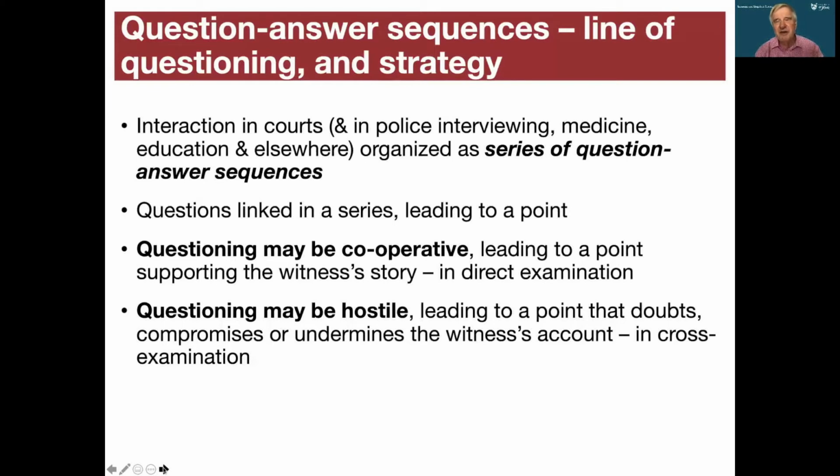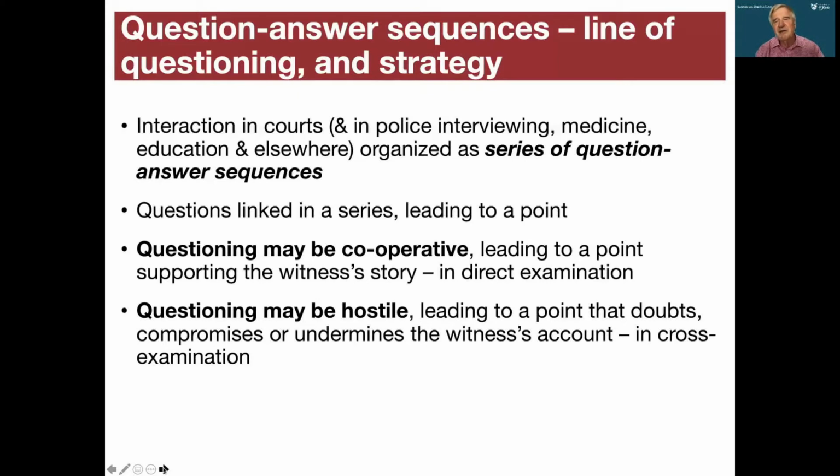So if I'm a defendant and I'm being questioned by the attorney who is on my side, whom I've hired to do this, then that person does direct examination. That's to say, you expect the questioning to be cooperative.